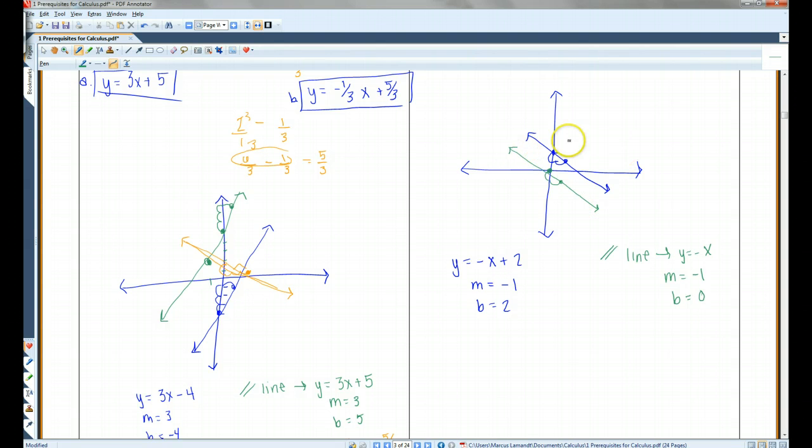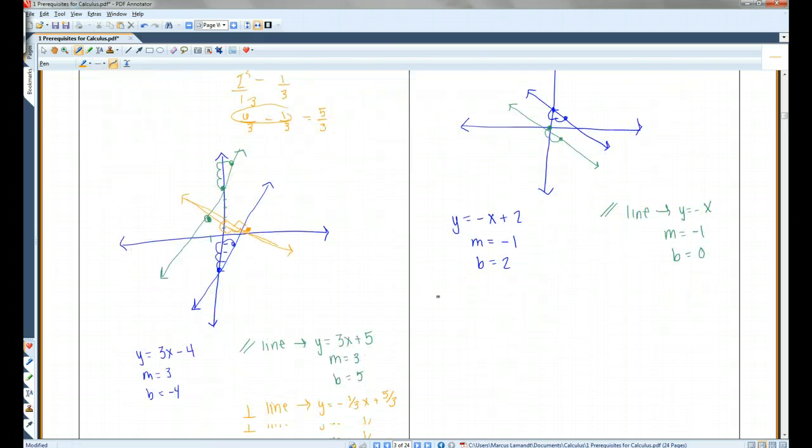Parallel line. My perpendicular line, y equals x. In this case m is 1, b is 0, so we start at 0, 0 again. In this case we go up 1 over 1. Perpendicular.